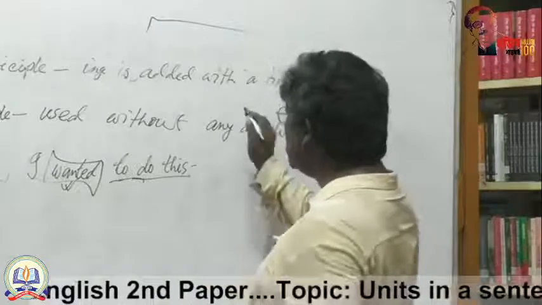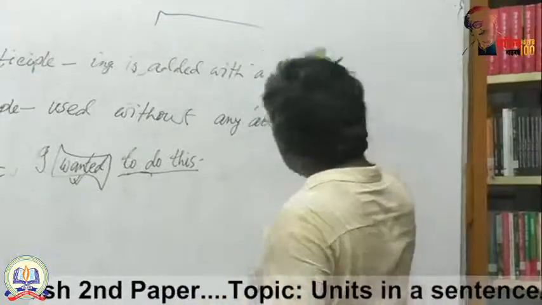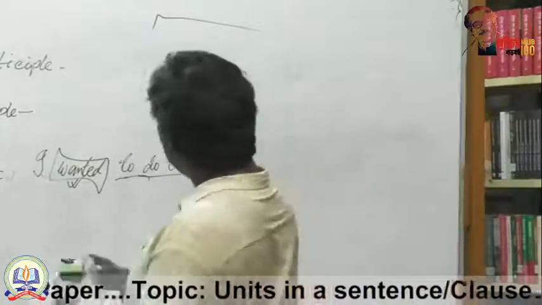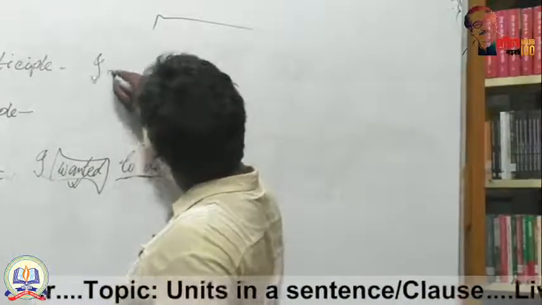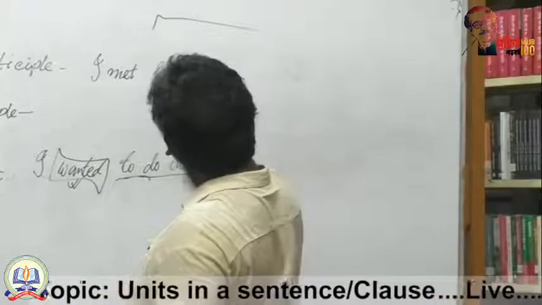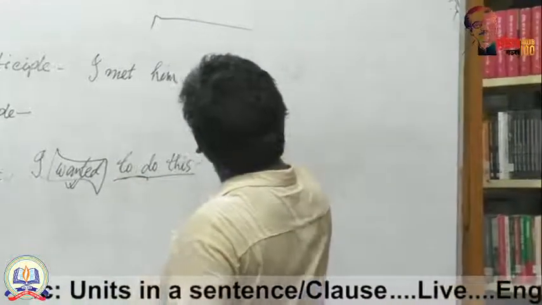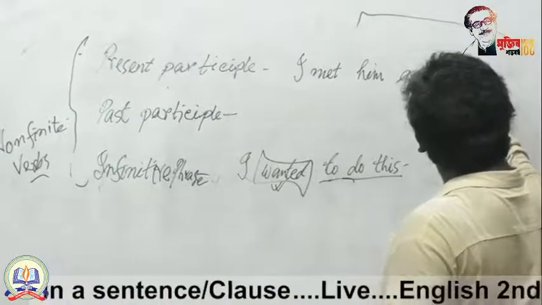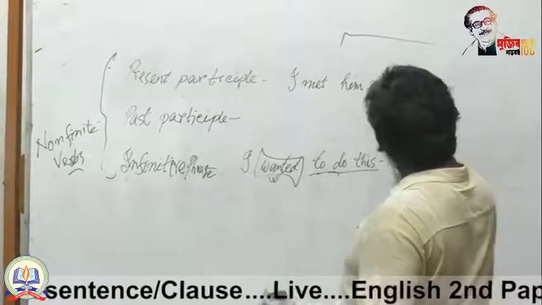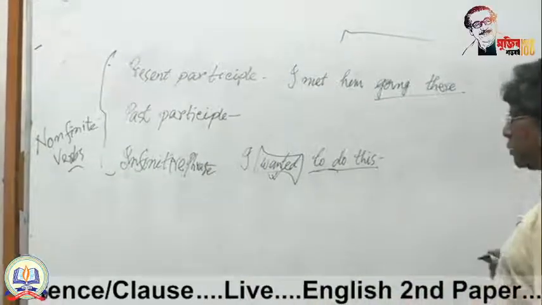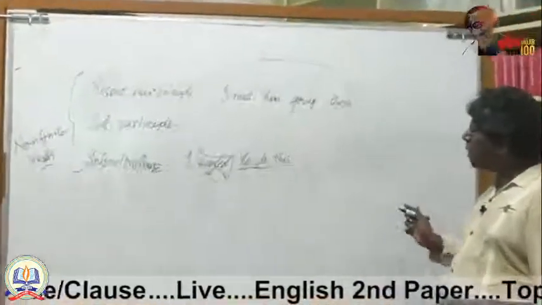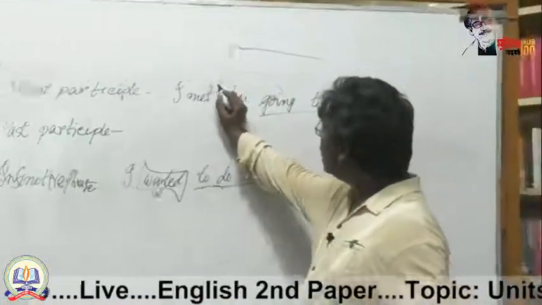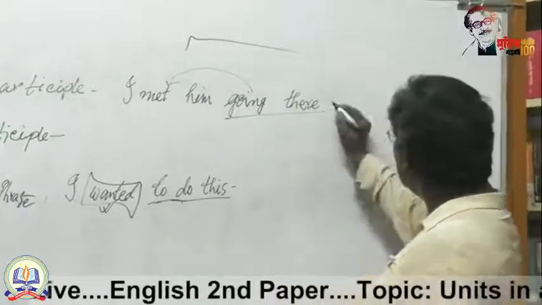For example, look at this sentence. I met him going there. By the present participle phrase going there, we mean a job, a task or a verb done before the finite verb met.